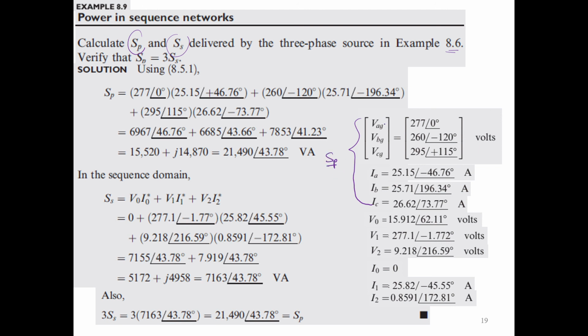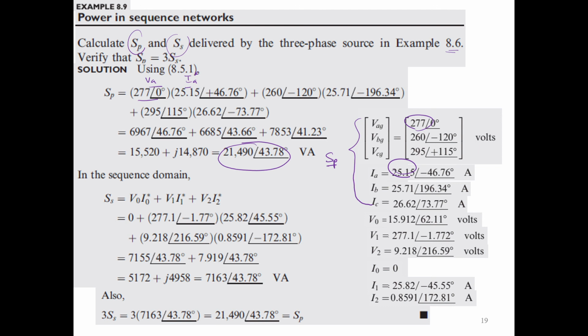You have to use these two to compute the SP. How to do this? Just simple: VA times IA conjugate. This one times the conjugate of this one, and you do the same with the other two phases. So now you get this equation. Now you analyze this in the sequence domain.